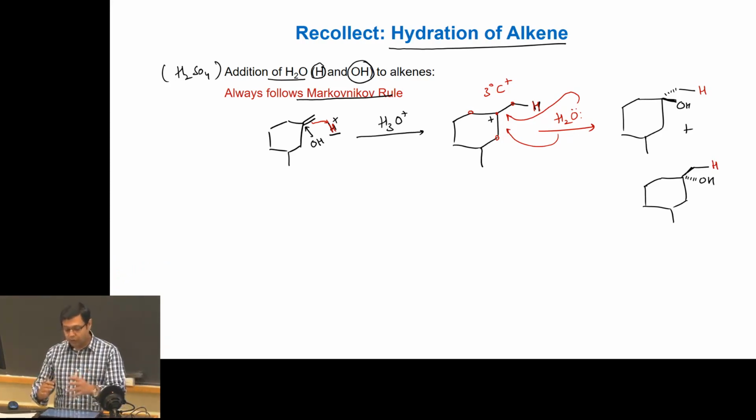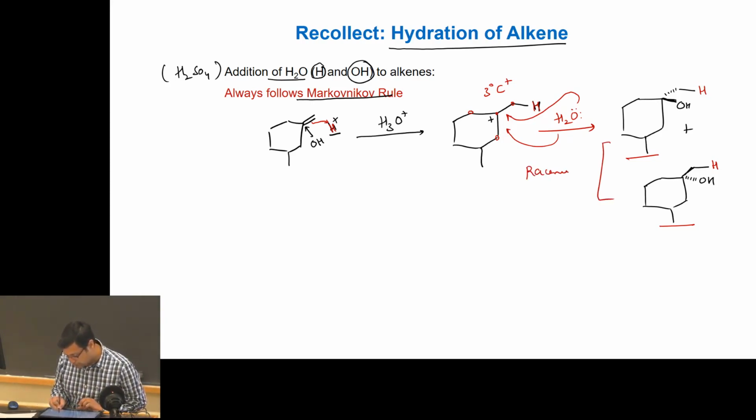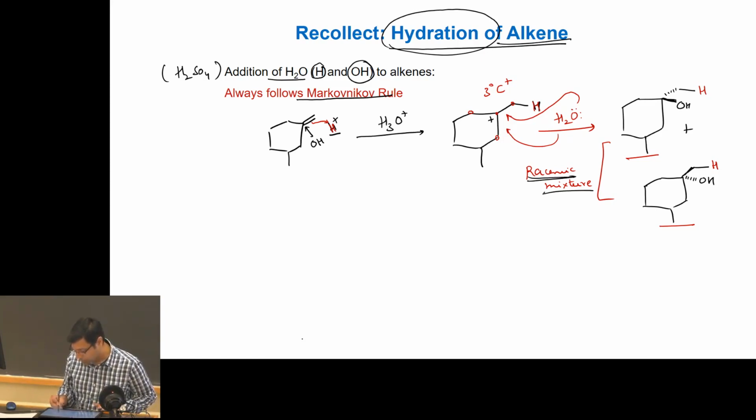So you get equal quantities of both these products, and as you can see, both of these are enantiomers, so you will generate equal amounts of both the enantiomers, which means you will get a racemic mixture. So always keep in mind, hydration of an alkene results in a racemic mixture.